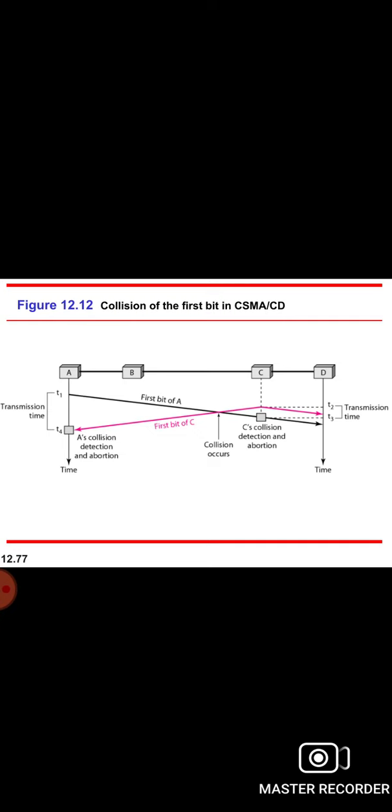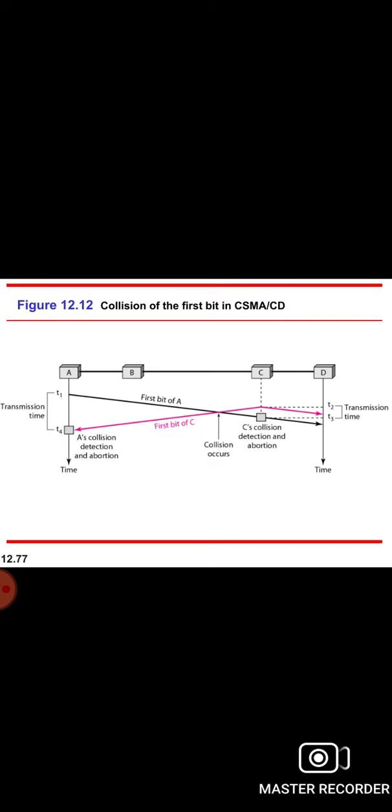At the normal level, a station has successfully captured the channel and is sending its frame. At the abnormal level, there is a collision and the level of energy is twice the normal level. So a station that has a frame to send or is sending a frame needs to monitor the energy level to determine if the channel is idle, busy or in collision mode.